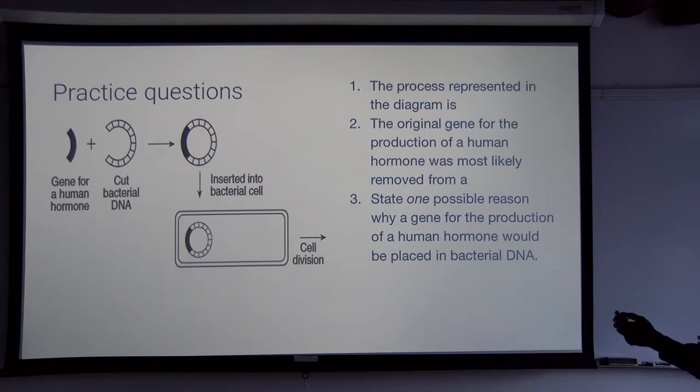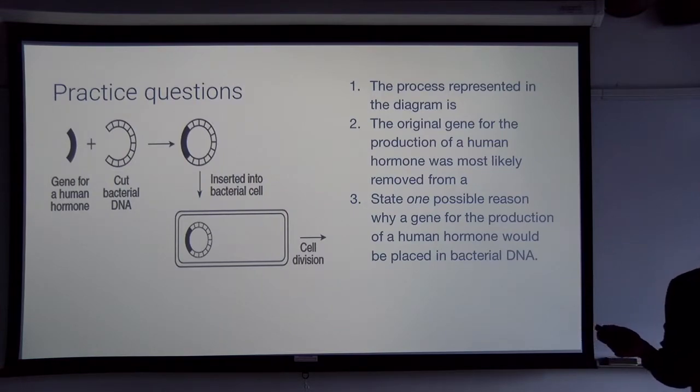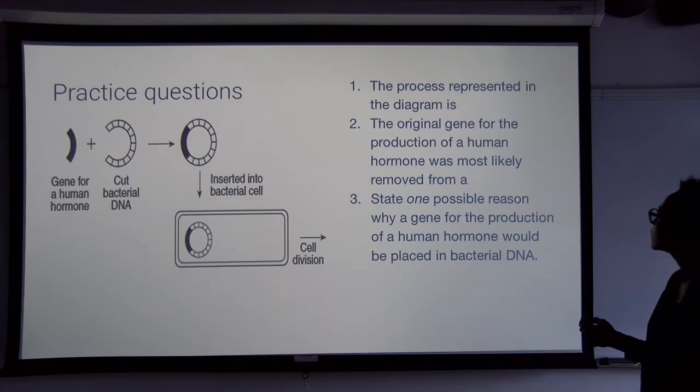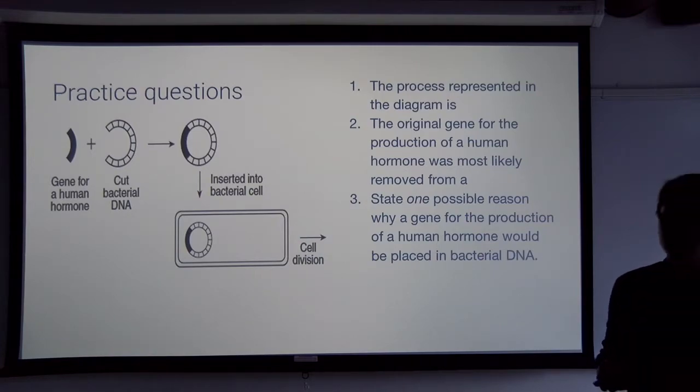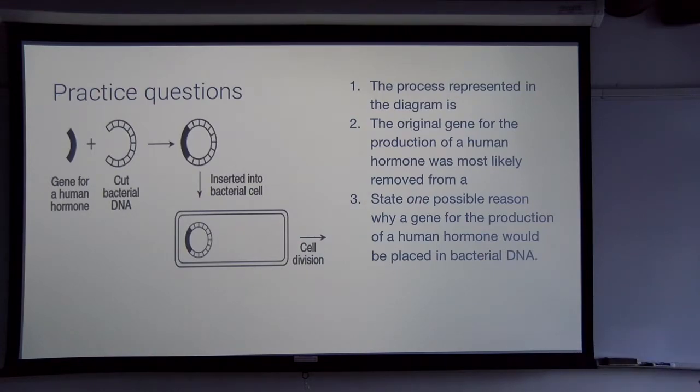So it should have been gel electrophoresis or genetic engineering. The original gene for the production of a human hormone is removed from the DNA of a human organism. Why would they put it in a bacteria? Remember, bacteria are easy to manipulate, and they reproduce quickly and reproduce many.